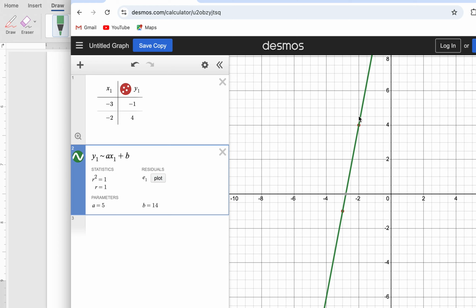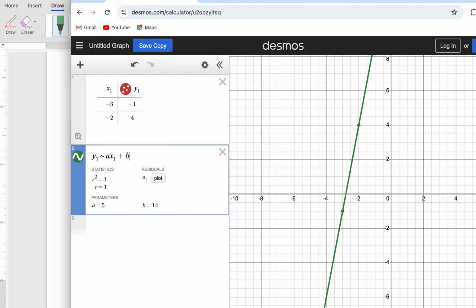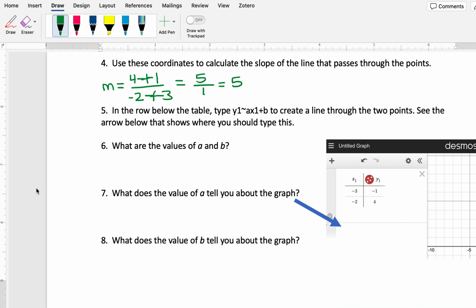So here's my line that it's making through those 2 points. That's what this command is doing, it's essentially making a line of best fit. If you only have 2 points, then your line of best fit is just a line going through those 2 points. So the question is, what are the values of A and B? Looking at what I have here, A is 5, B is 14.